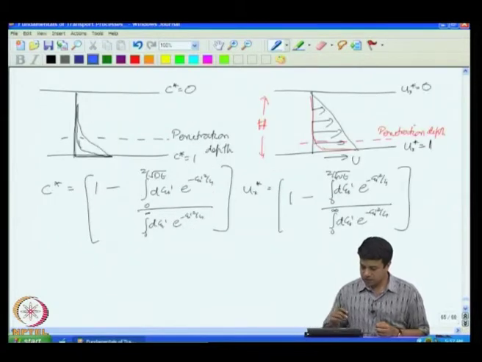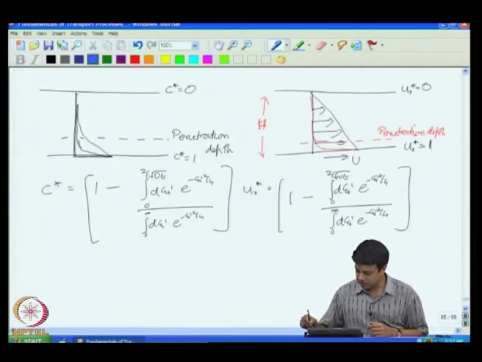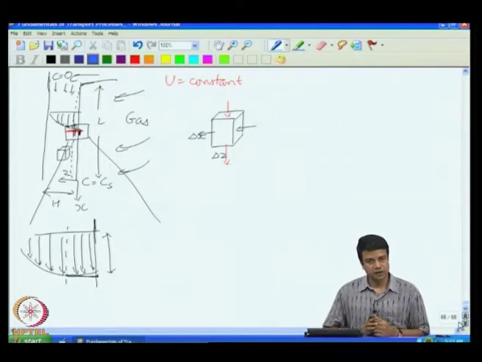And I told you that even though we used dimensional analysis to solve this problem, similarity solutions can be used even in cases where dimensional analysis does not reduce it to just one variable.